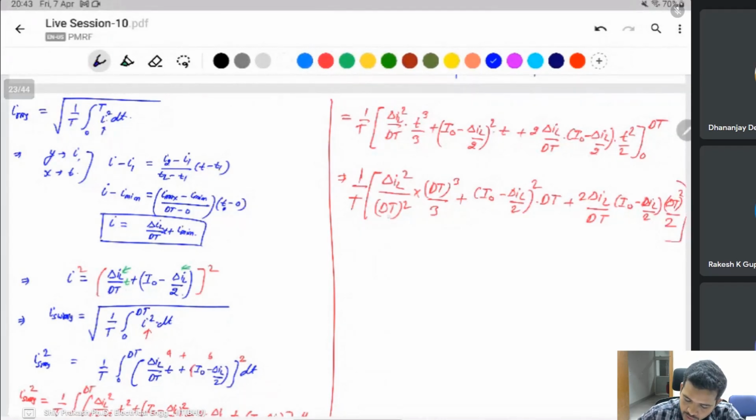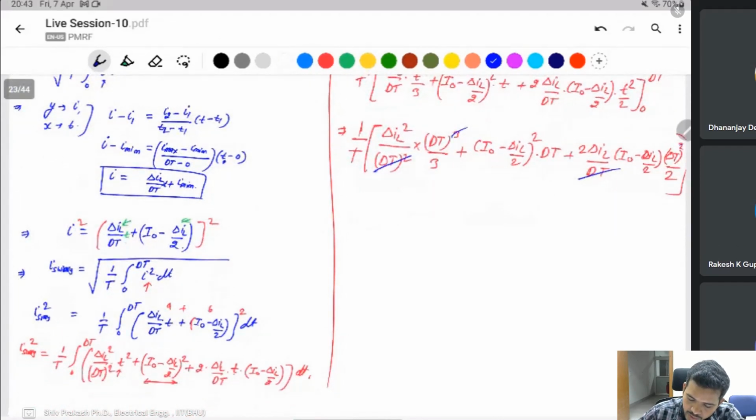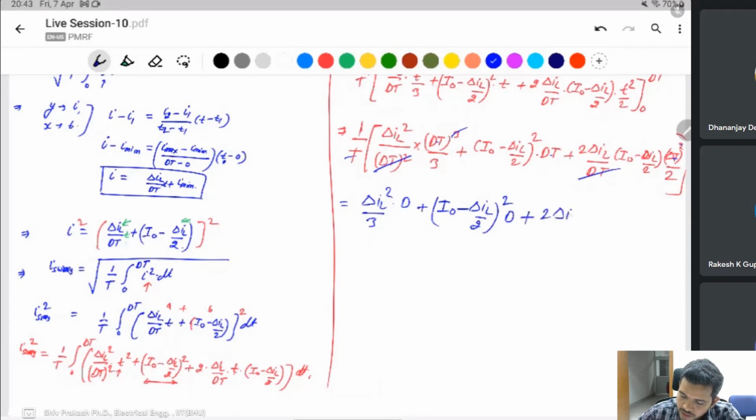So cancel out the dt square of this one with this dt, and only one dt is present here, then dt will cancel out, and you find only delta IL square into d by 3, plus I naught minus delta IL divided by 2 squared into d, plus 2 delta IL.